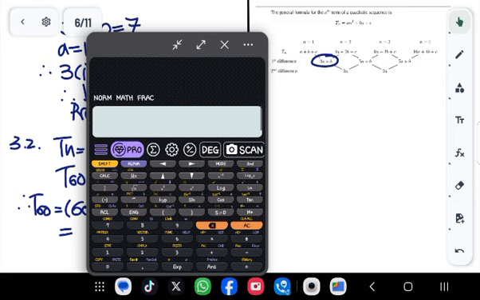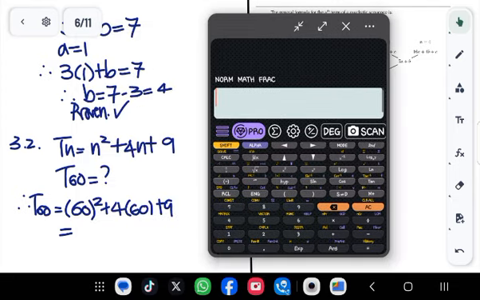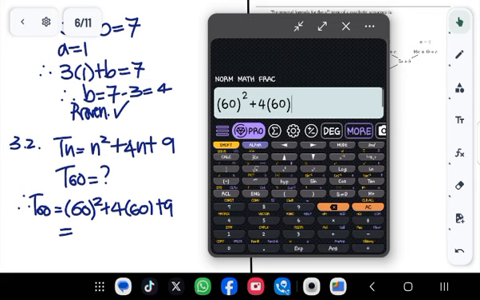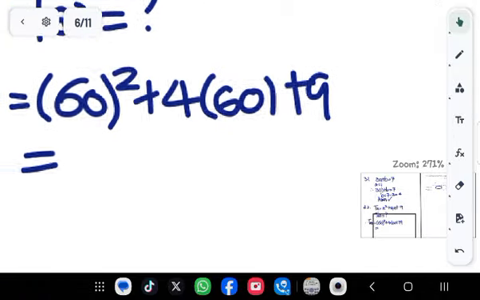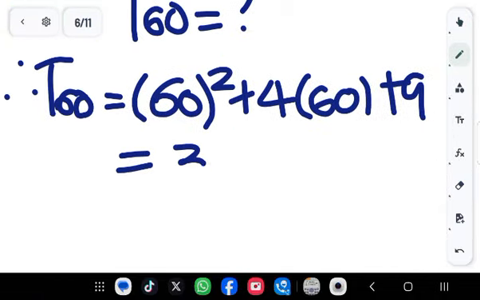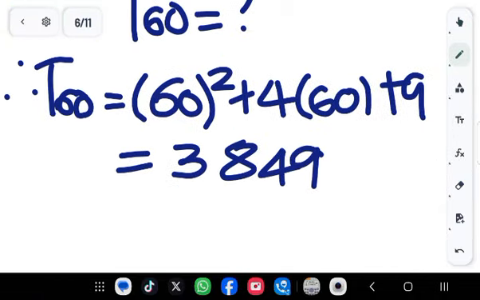So that's 60 squared plus 4 times 60 plus 9, and that gives us the answer 3,849. And that is your answer there.